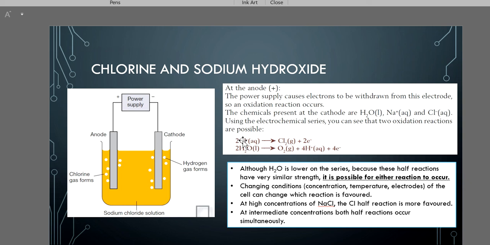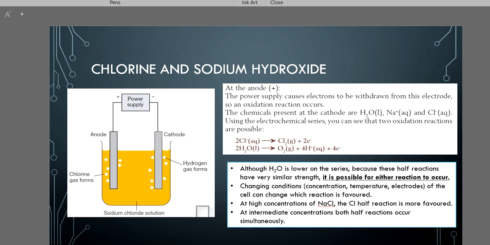Rather than run a completely molten cell, which is very, very costly because of the amount of energy required to maintain that molten electrolyte, instead, the amount and the concentration of the H2O in solution is manipulated.